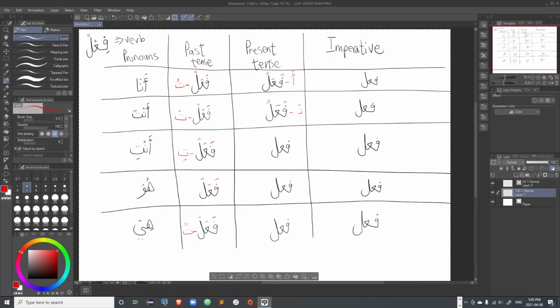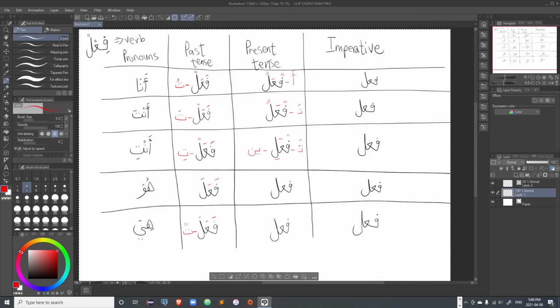Anti. So for anti, we will add both prefix and suffix. So it will have ta, fa, 'a, lean, and it will be تفعلين. تفعلين.